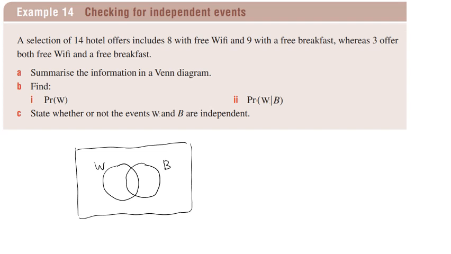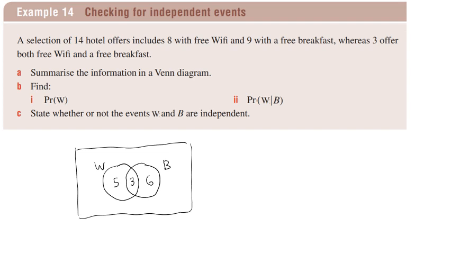So there's 3 that offer both, so 3 in the middle. Wi-Fi, there's 8 altogether, so 8 minus the 3 in the middle equals 5. Breakfast, there's 9, so 9 minus 3 in the middle is 6. Check that adds up to 14. Yep, it does.